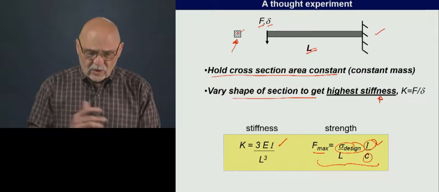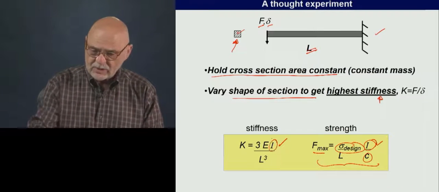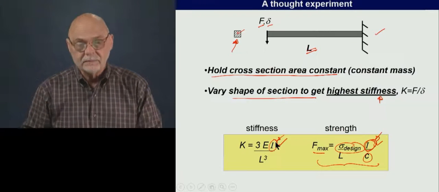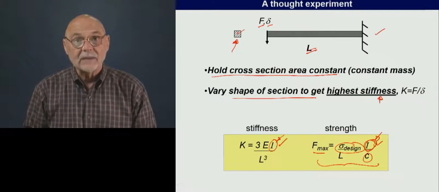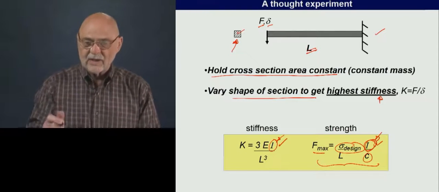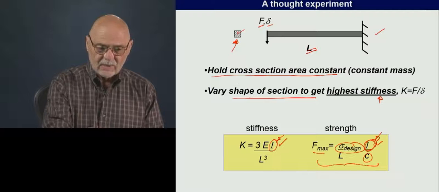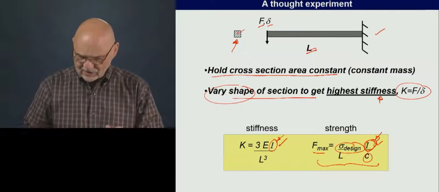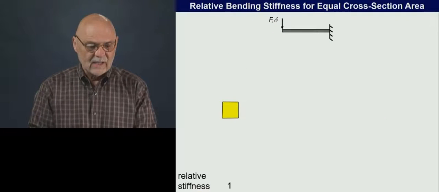When we look at these, we see both of these parameters are a function of the moment of inertia. So we get some idea of how we want to make the changes as we go forward. Again, we're going to vary the shape of the same amount of material to get the highest stiffness. That's our objective in this thought experiment.